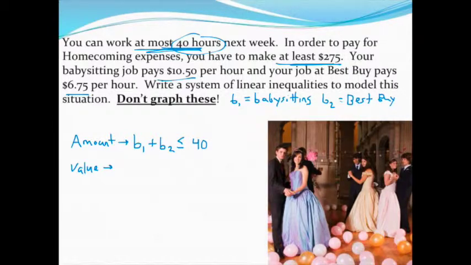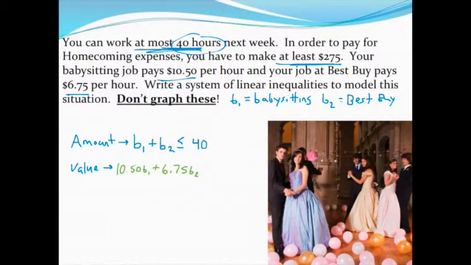Now for your value equation, this is where I'm going to include what I make per hour. While I babysit, I make $10.50 an hour. So I'm going to say $10.50 times B1, the amount of hours I spend babysitting, plus $6.75, the amount that I make per hour at Best Buy.